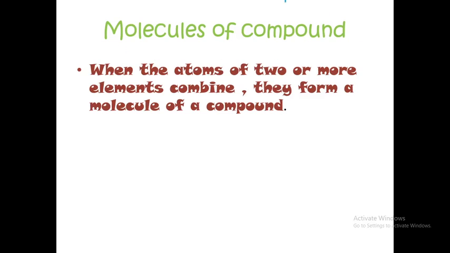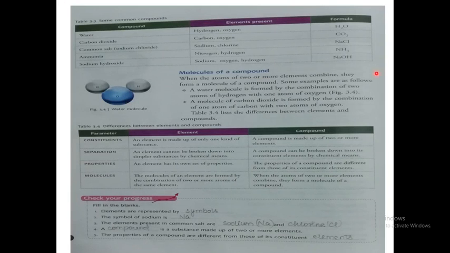Moving on to the molecules of a compound. In the previous section, we talked about molecules of elements. Here we will discuss molecules of compounds. When the atoms of two or more elements combine, they form a molecule of a compound. We have some examples of molecules of compounds here in your book. A water molecule is formed by the combination of two atoms of hydrogen and one atom of oxygen.